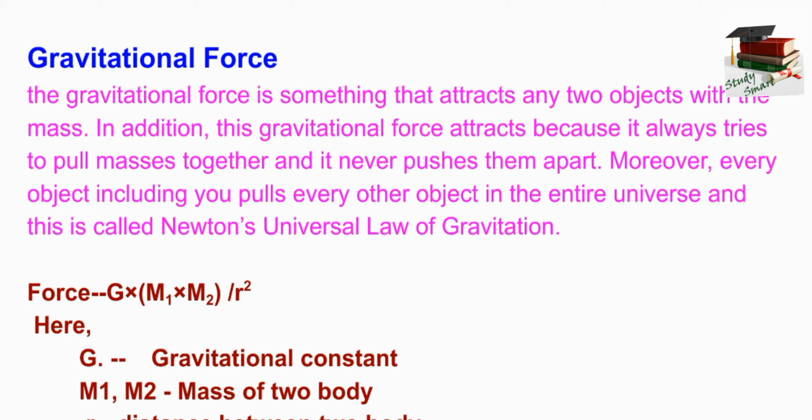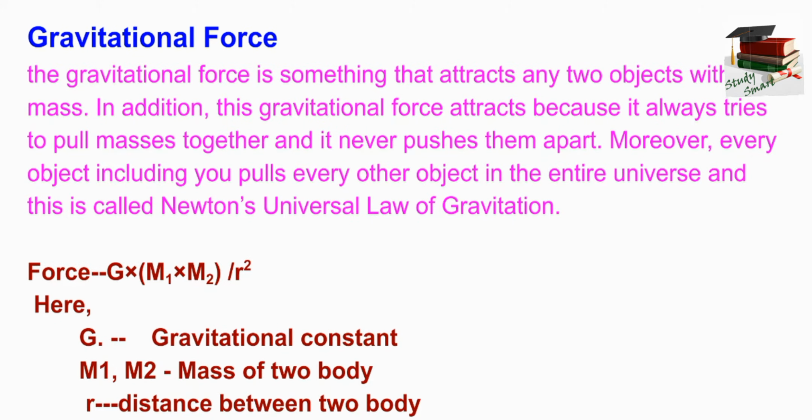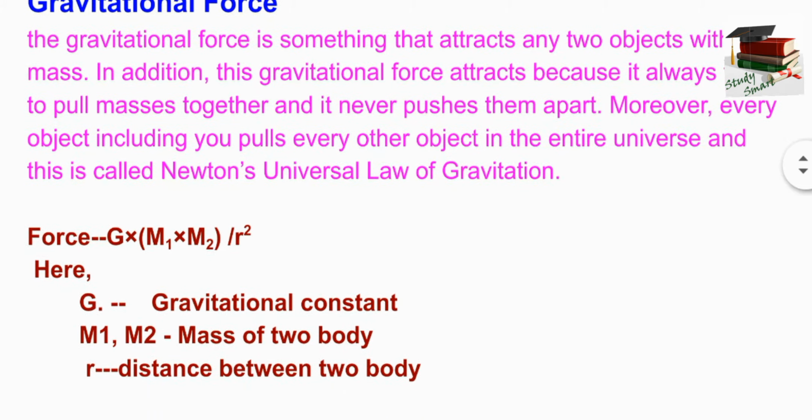Moreover, every object including you pulls every other object in the entire universe, and this is called Newton's universal law of gravitation. Force equals G into m1 m2 divided by r square. Here G is the gravitational constant, m1 and m2 are the masses of the two bodies, and r is the distance between the two bodies.